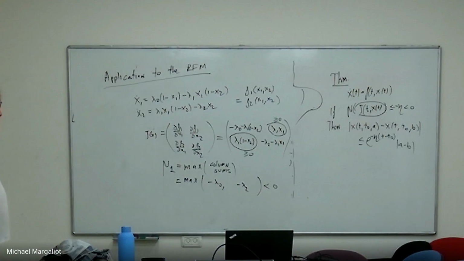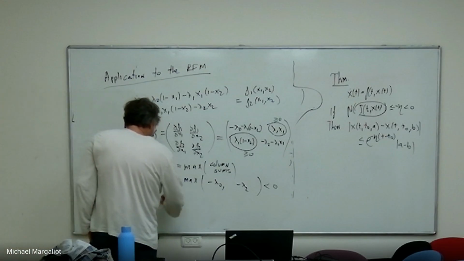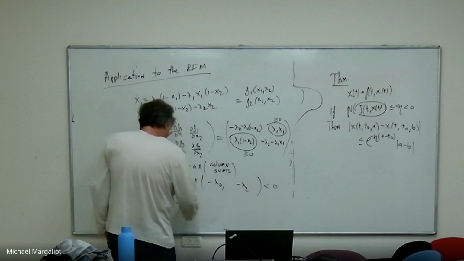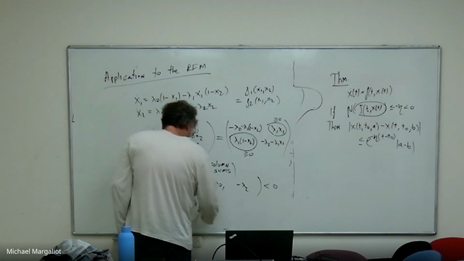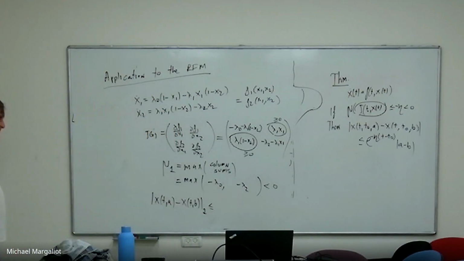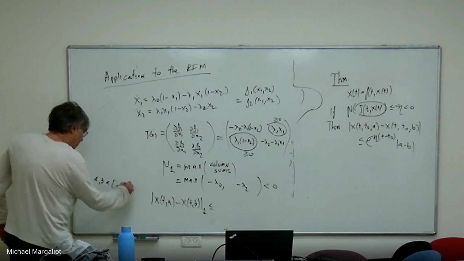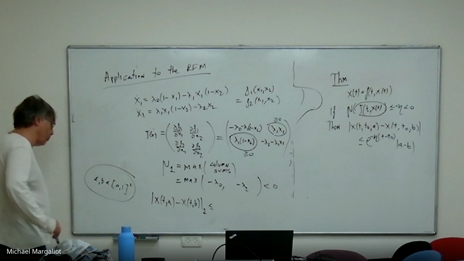So the conclusion is that the RFM, where I took the case n equal to 2, the two-dimensional RFM, is contractive with respect to the L1 norm. So I need to look at the L1 norm difference between two solutions of the RFM, one initiating from a point A, and the second from a point B. Everything in our state space, of course.